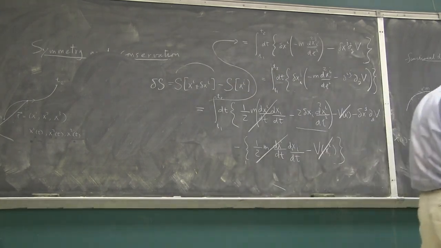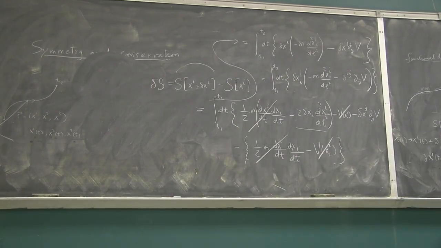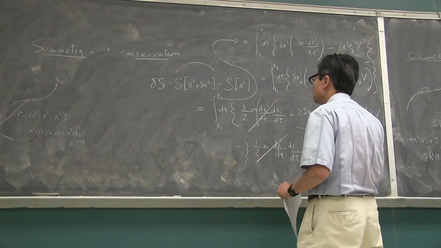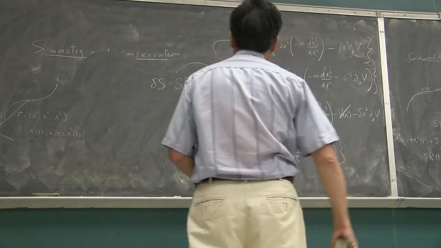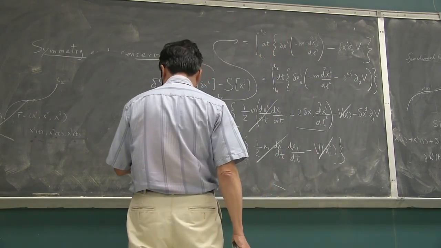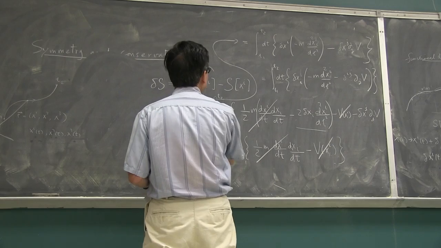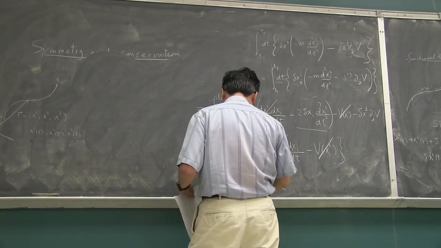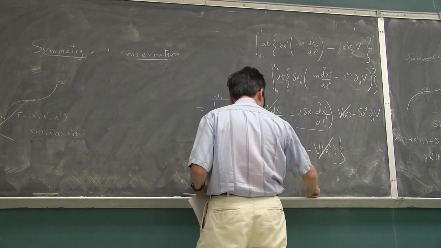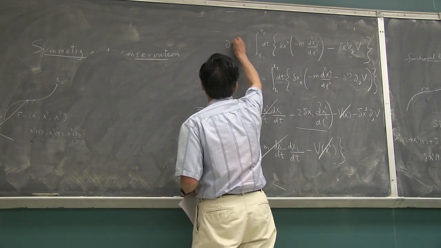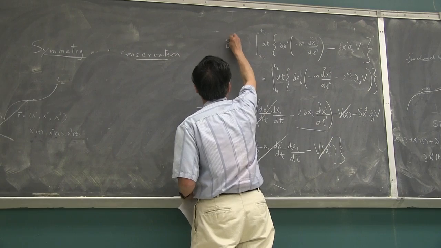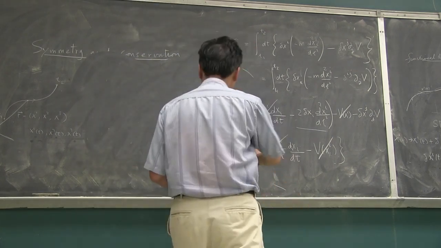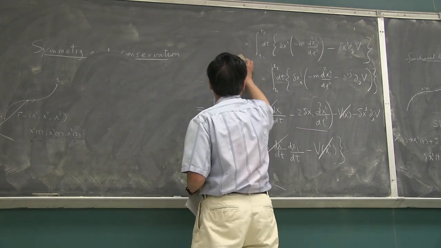Okay, at this point, I'm going to define what's called the functional derivative for you. So I have this result that delta s is equal to that. Actually, let me take this expression.